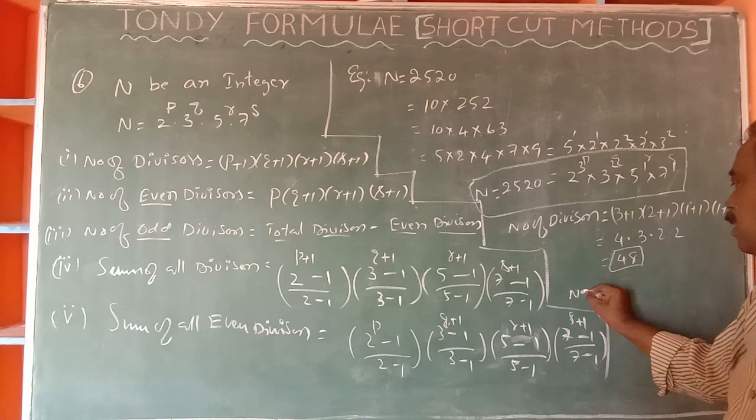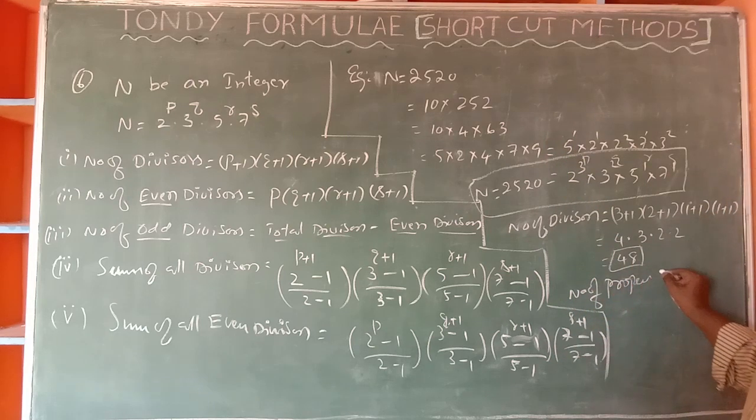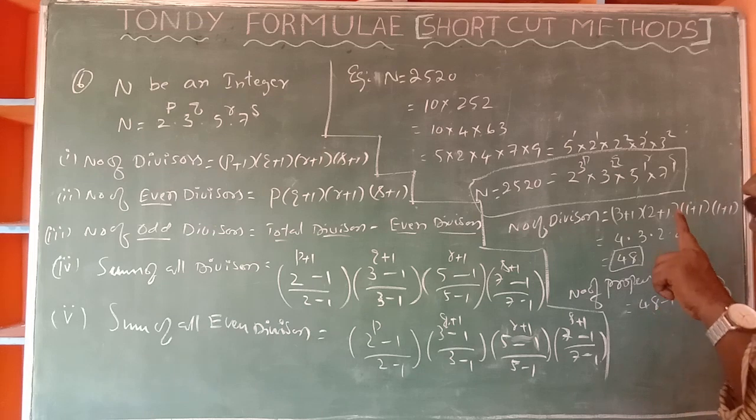You see here the number of proper divisors. Suppose we are asked for proper divisors. How can you find proper divisors? It is 48 minus 1 is equal to 47. Will you agree? Why? Only that number is excluded.